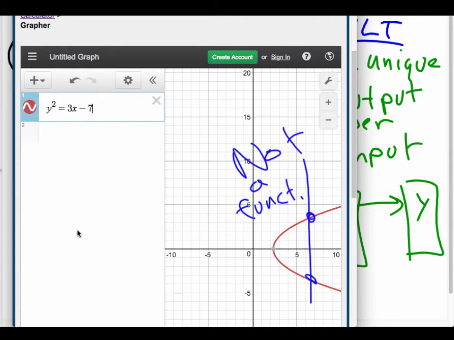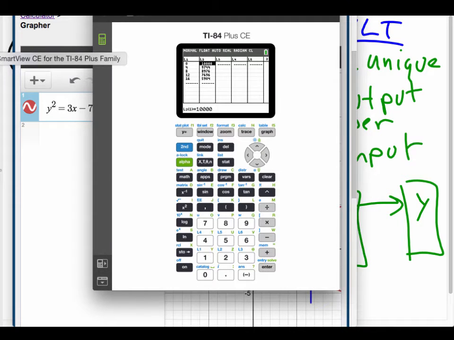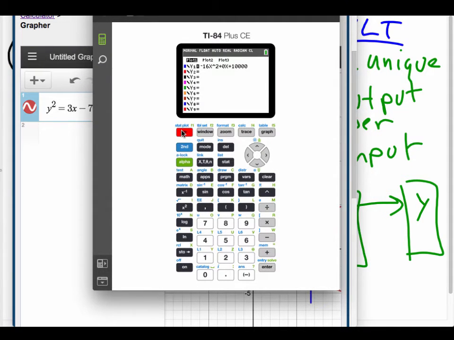Now let's try it the other way. We algebraically solved it, and we said, well, basically, we could take the square root of 3x minus 7. Oops, wrong one. And then we had to take the negative square root of 3x minus 7. I know what it is.